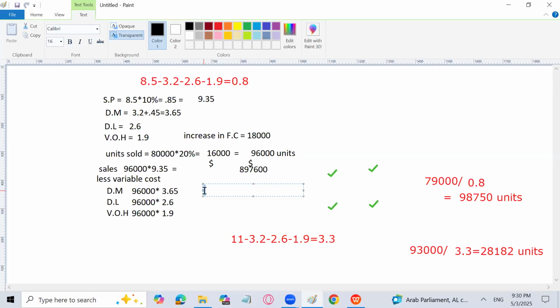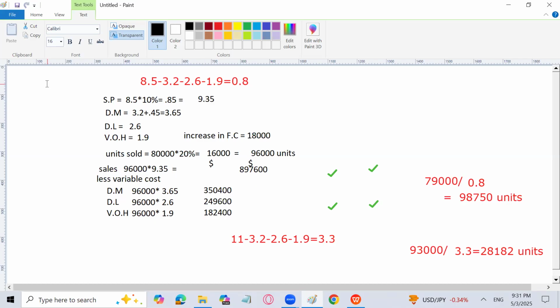So 96,000 into 3.65. This is 350400. Then 96,000 into 2.6, 249600. Oh, sorry. 249600. Then 96,000 into 1.9, 182400.